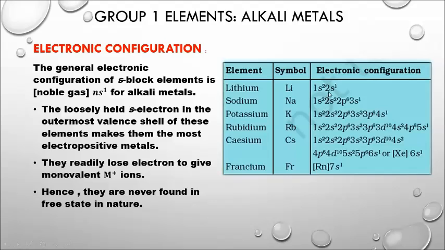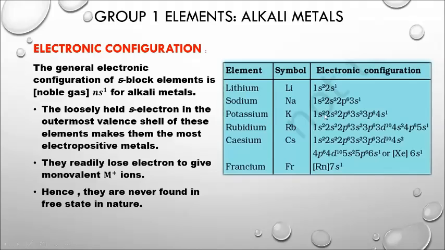Which is the outermost shell? 2s1. The next one is sodium: 1s2, 2s2, 2p6, 3s1. Again, the outermost shell is 3s1. So every outermost shell will have only one electron, and that will be in the s orbital. That's why the name s block.